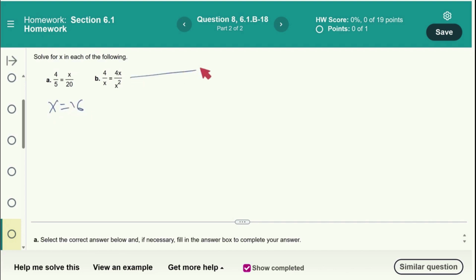Now for this one, and this is why I wanted to show you this problem, notice that we have 4 over x equals 4x over x squared. We know that we can cross cancel 1x with 1x down here, leaving us another x, right? So now the equation becomes 4 over x equals 4 over x.